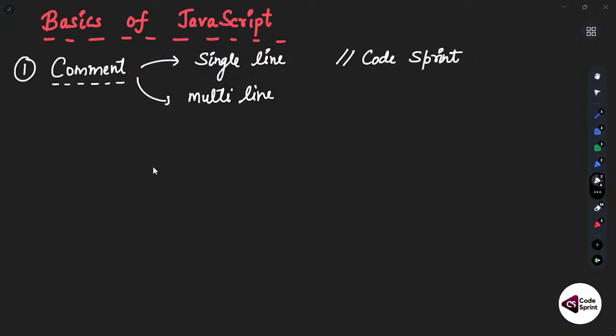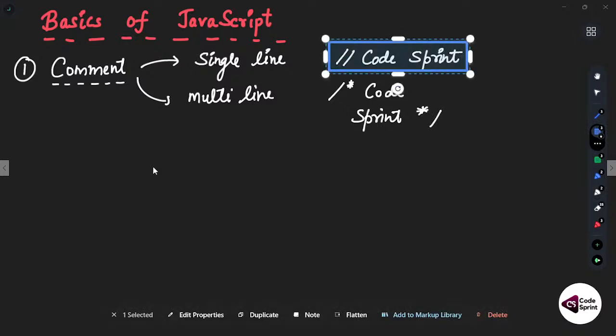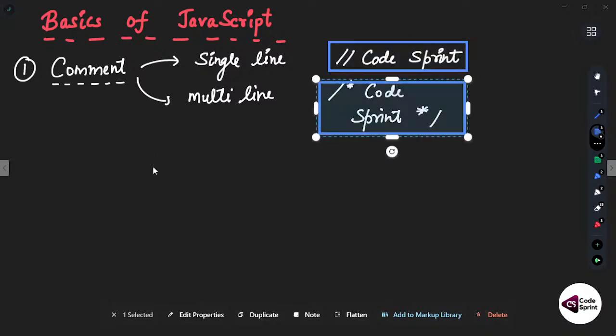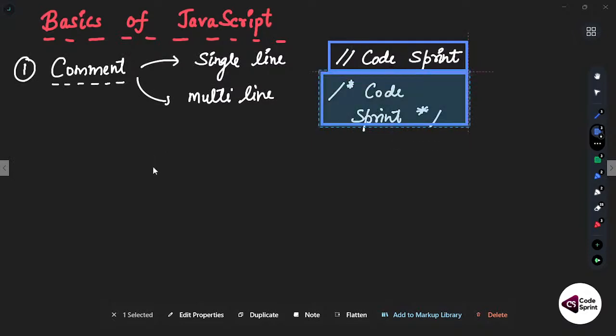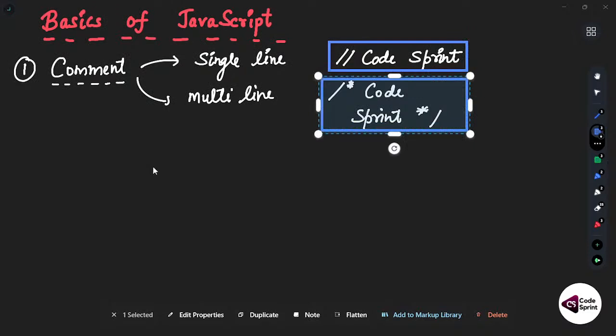For multi-line, we simply say slash asterisk, then let's say code sprint, and afterwards asterisk and slash. Okay, this is the first way if you want to comment in a single line. If you want to do it in multi-line, you will use this way. Okay, I hope it's clear to everyone.